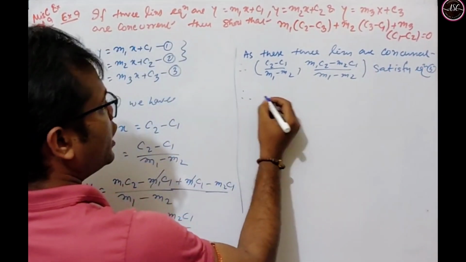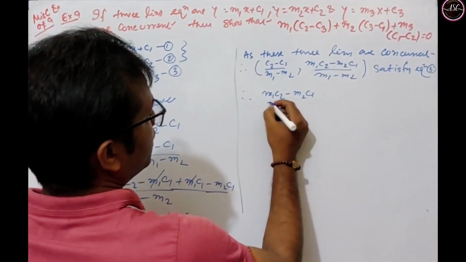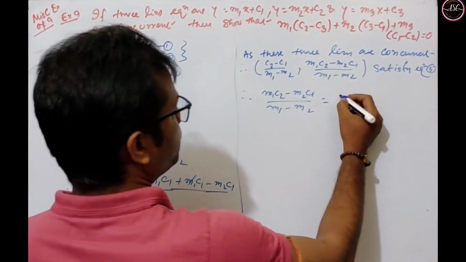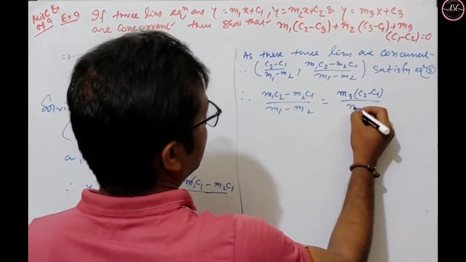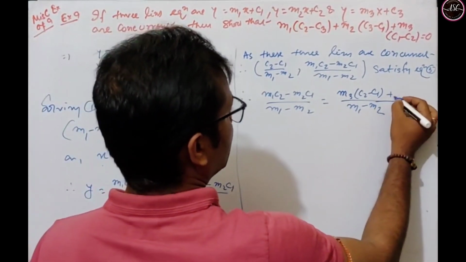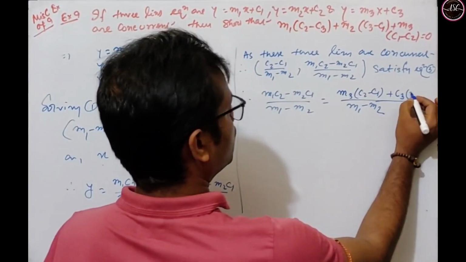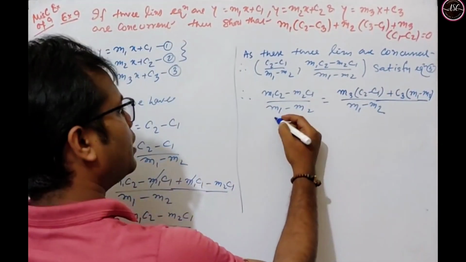Okay, therefore we have m1 c2 minus m2 c1 divided by m1 minus m2 equal to m3 into c2 minus c1 divided by m1 minus m2 plus c3 into m1 minus m2. Okay, so this term will be cancelled out.